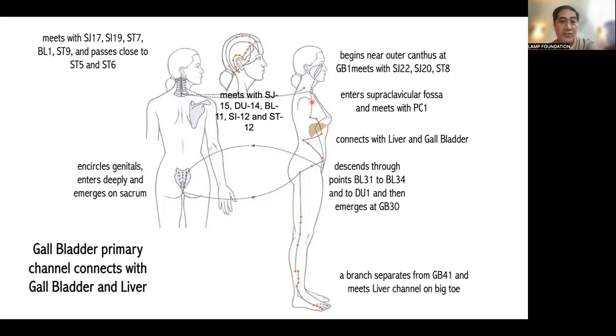From here, it descends further down into the chest, crossing the diaphragm and then connecting with the liver before joining its associated organ, which is the gallbladder. Okay? And so tumutuloy po siya sa gallbladder.